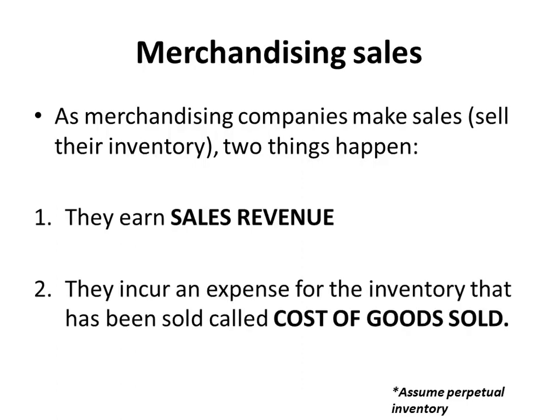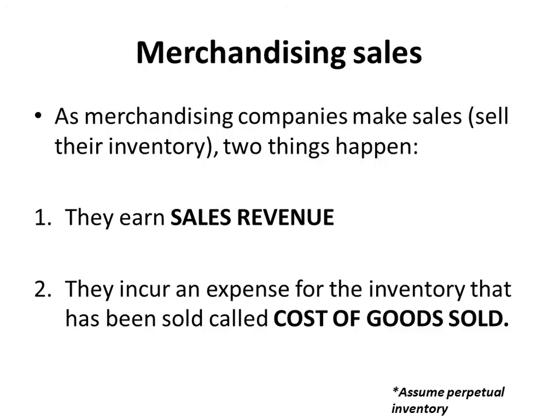Very good. Does anybody know why, when we buy a product or when we make a product, it's not expensed right away? Why does it go into inventory? Because of the matching principle. That's exactly right. The matching principle says we have to match our revenue with the related expenses.